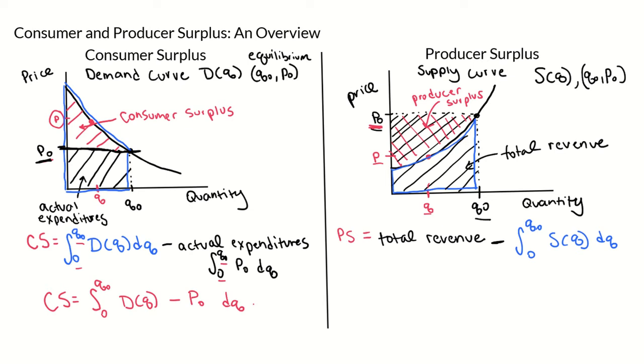So the total revenue, we can think of that as a constant function, the constant function P naught, so that would be integral P naught dq, 0 to Q0. And that's going to give us that the producer surplus, if we combine these two integrals, since again we have the same bounds, is integral 0 to Q0 of P0 minus S of Q dq.